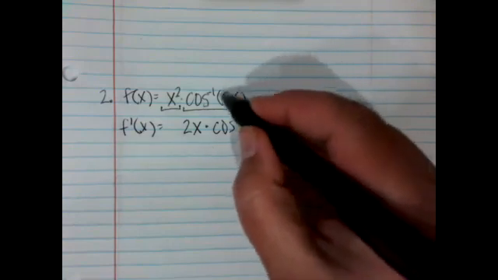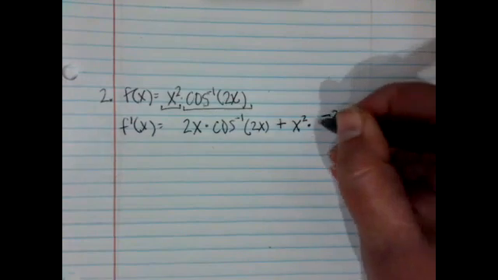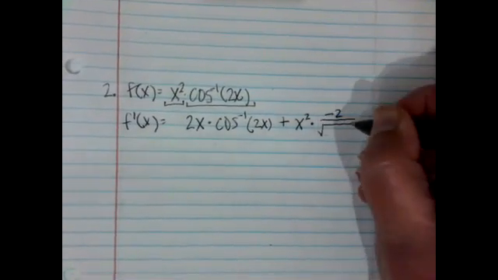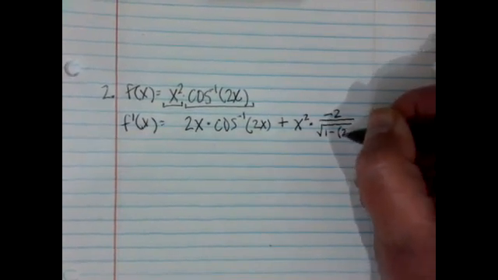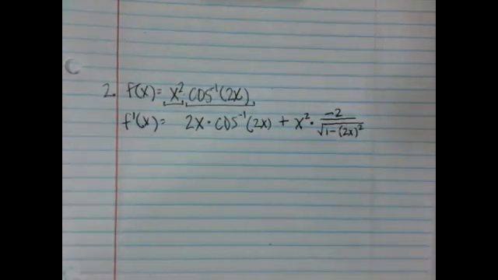So instead of the 1 on top, we're going to do the derivative of 2x. So that means I'm going to put a negative 2 over the square root of 1 minus the function squared. So in this case, that would be 2x all squared.